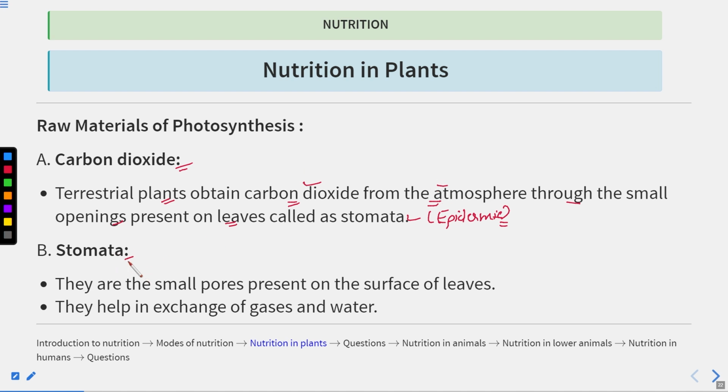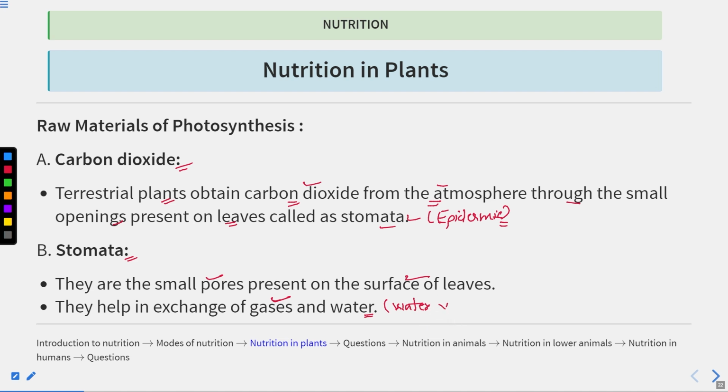Now, let's talk about stomata. So what are stomata? Stomata are the small pores present on the surface of the leaves. And they help in the exchange of gases as well as water. What gases? Carbon dioxide and oxygen. And it also helps in the exchange of the water. Water is lost through stomata in the form of water vapor.